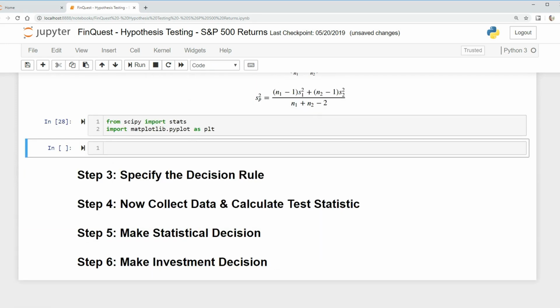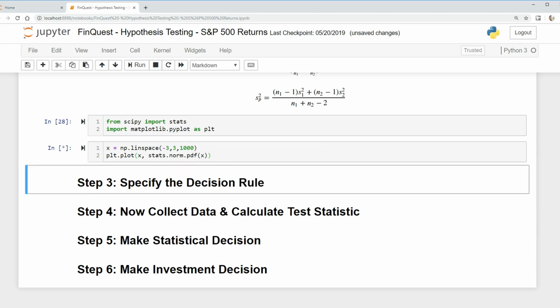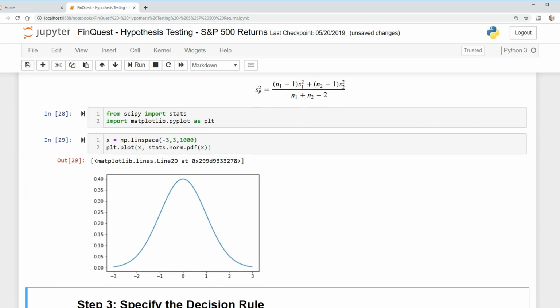Pyplot, there we go. And now we can say x equals np.linspace, and we're going to say -3 to 3. Basically we're going to output 1,000 values into this x variable here. And so we're going to say plt.plot x, stats.norm.pdf for probability density function, and we're going to put our x values in there. So we're going to plot that, and there's our normal distribution.